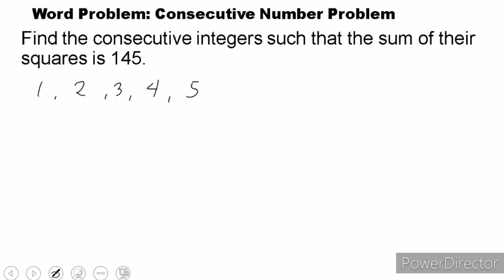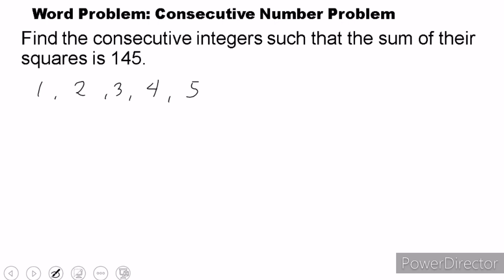Basta magkakasunod. And then, kapag naman sum, ay ipag-a-add natin. At kapag namang square, i-raise natin sa 2. I-add natin yung squares nung dalawang magkasunod na number at dapat daw ang sum nila ay 145. Okay. So, isolve na natin.